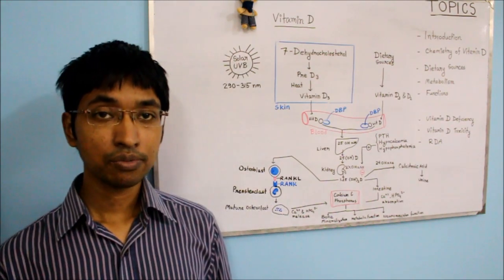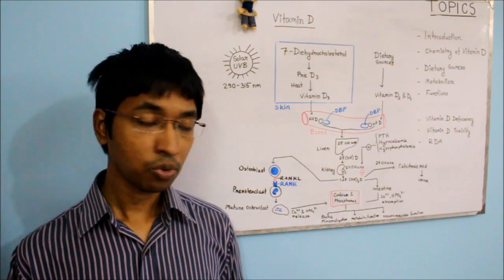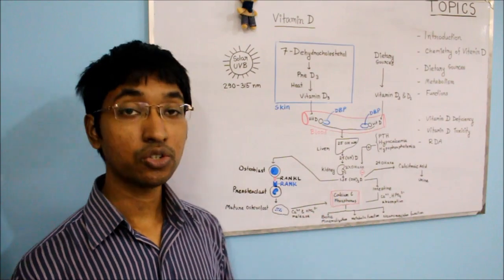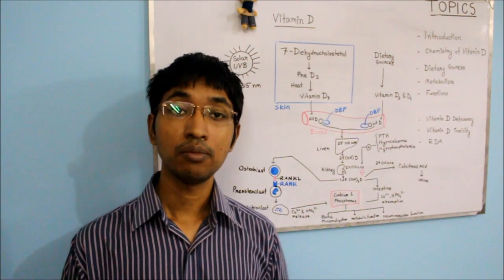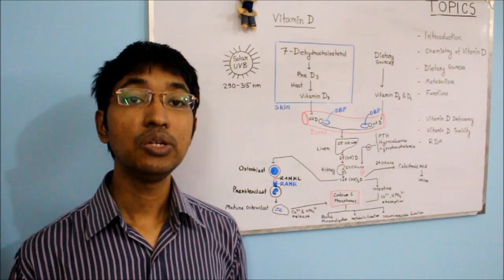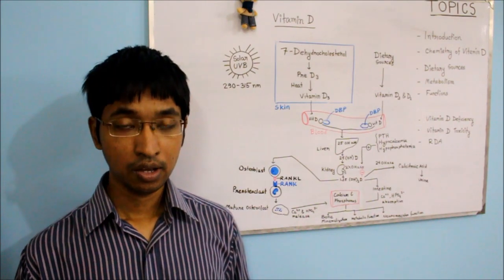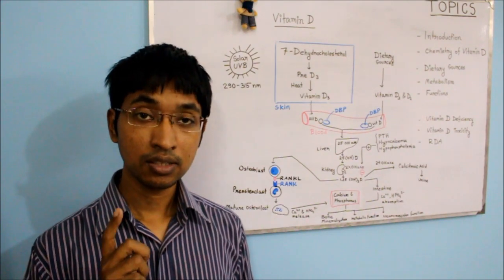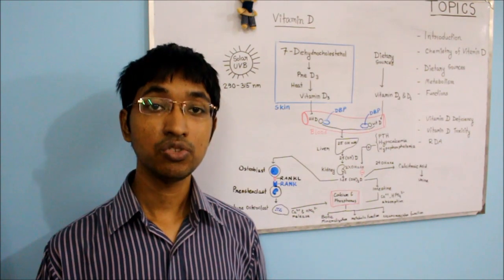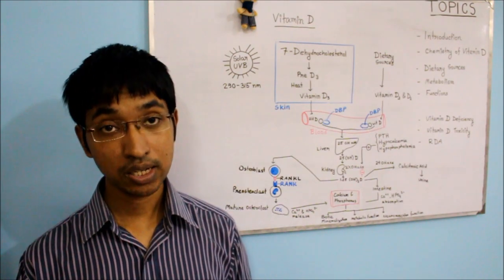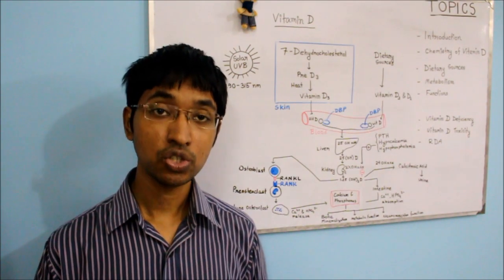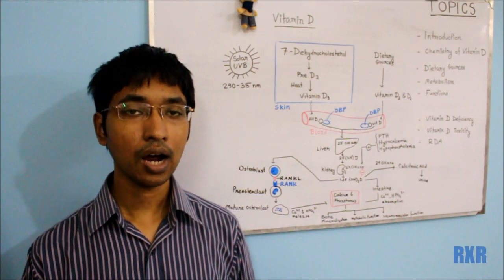So first, vitamin D's active form, or 1,25-dihydroxycholecalciferol, will bind with these nuclear receptors. And also remember that these vitamin D receptors are also associated with another receptor which is called RXR.